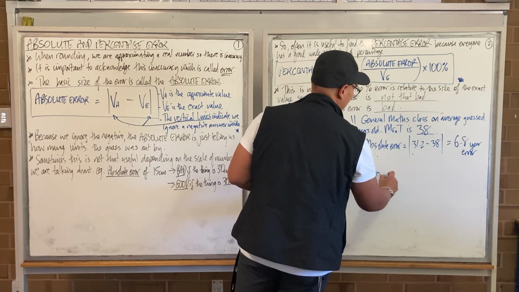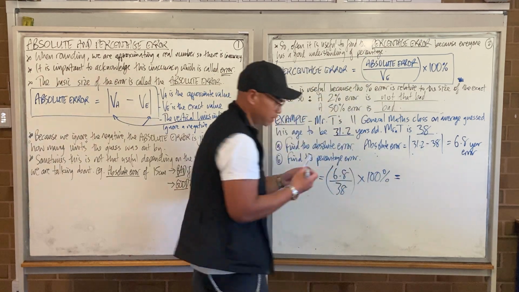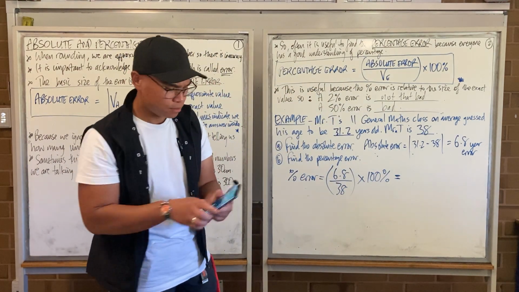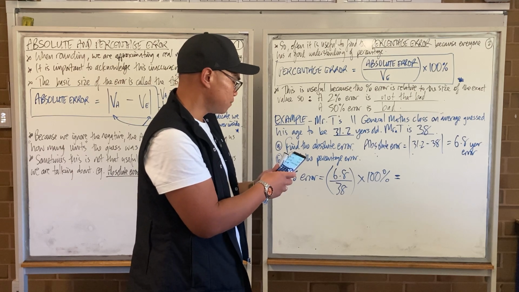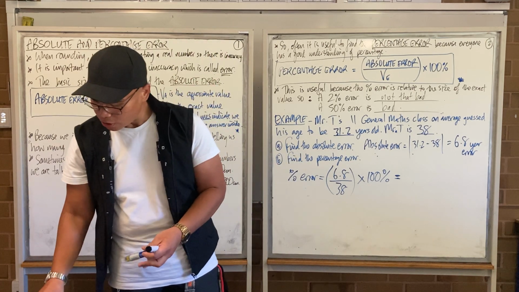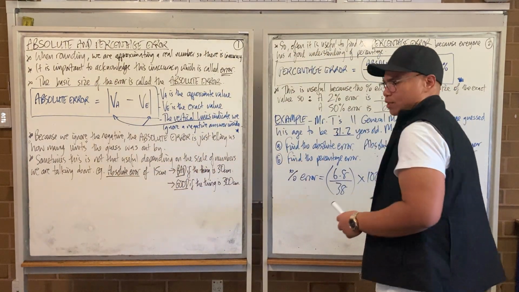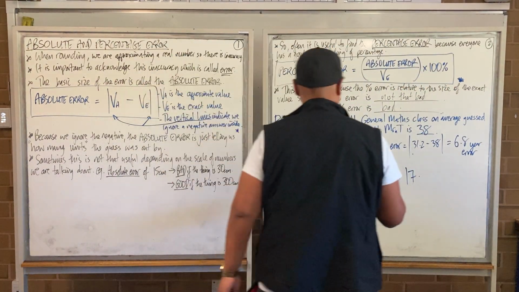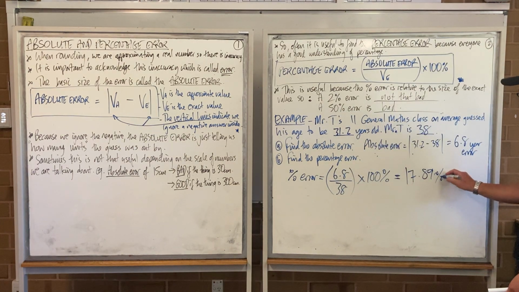Times it by 100 and then put a percent sign on the end of your answer. So 6.8 divided by 38, times that by 100. So your percentage error was 17.89% to 2 decimal points.